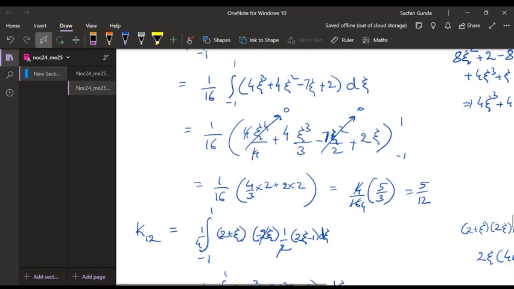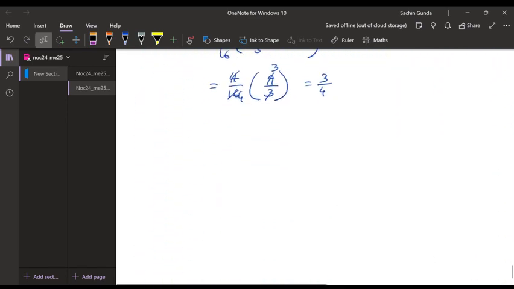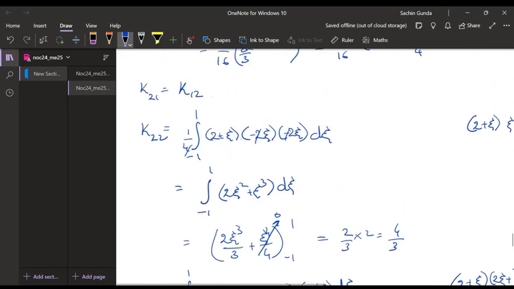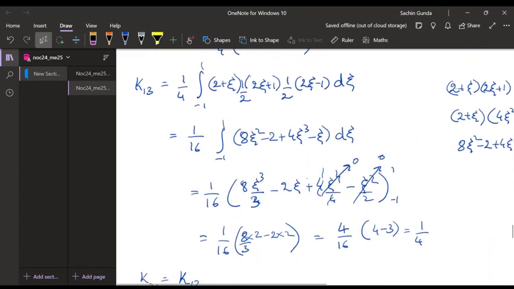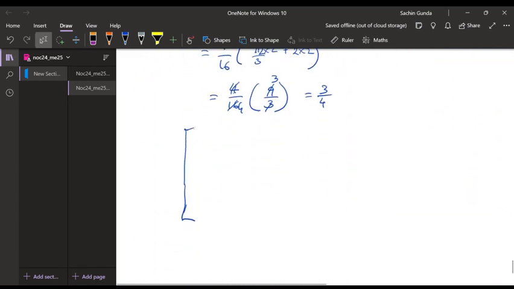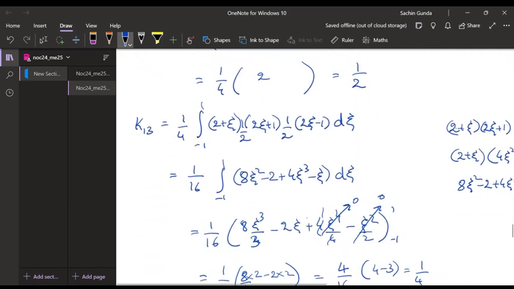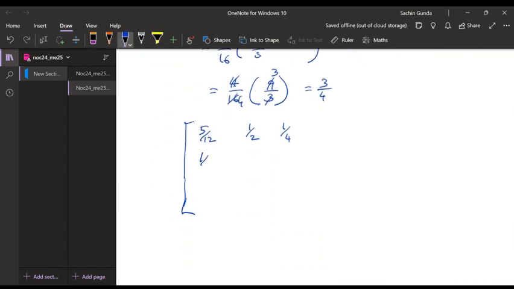Sorry about this. Now we can form the stiffness matrix. K11 is 5 by 12. K12 is 1 by 2. K13 is 1 by 4. 5 by 12, 1 by 2, 1 by 4. K21 is the same, 1 by 2.